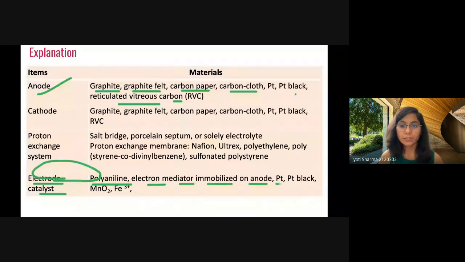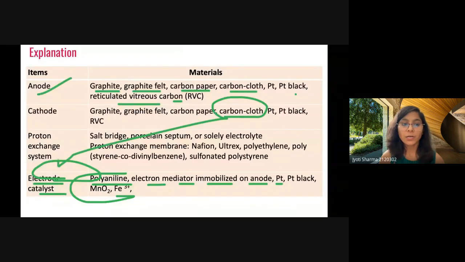I don't know about this, but you can read about this. Then magnesium oxide and ferrous. So these are the things that we have for the electrode catalyst. Among that, this was not right, because along with that it was carbon cloth. Carbon cloth is not the right option for your electrode catalyst. So that's how D was the right answer.